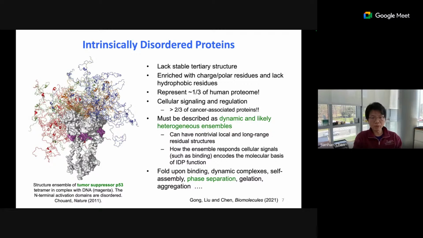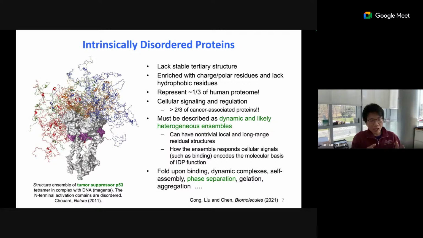But for intrinsically disordered proteins, the meaning of structure needs to be dramatically expanded. Instead of thinking about one or a few structures to represent the conformational state of the protein, we need to think about a dynamic and most likely heterogeneous ensemble of structures. We need such an ensemble to describe the conformational state of this disordered protein.